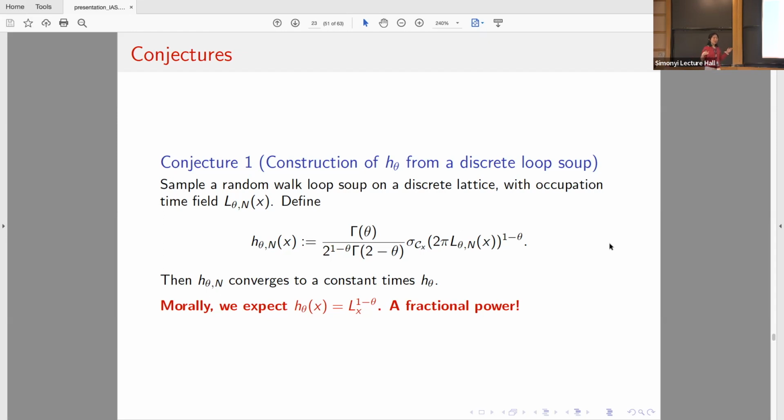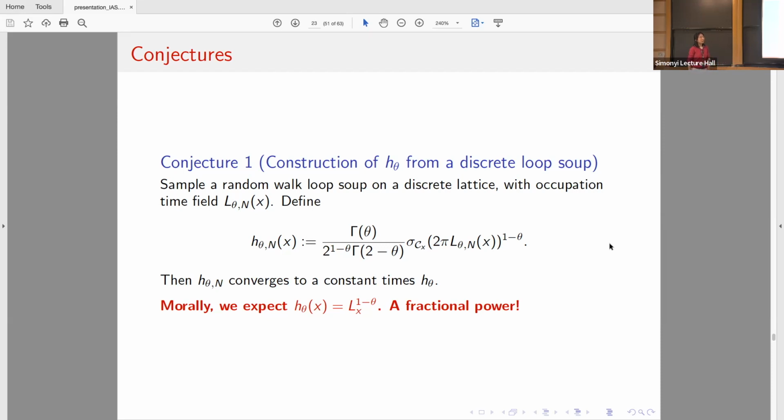For subcritical intensity, it was not established even in the discrete setting. As you see, when theta equals 1/2, this fractional power is 1/2, which is the square root. And we show that, in fact, for any subcritical intensity theta, the correct thing to do is to raise to this fractional power 1 minus theta.